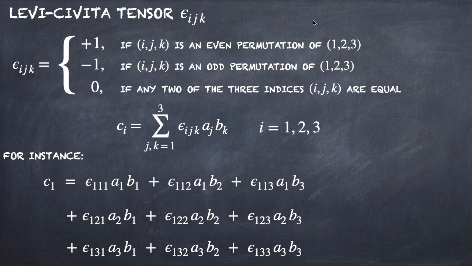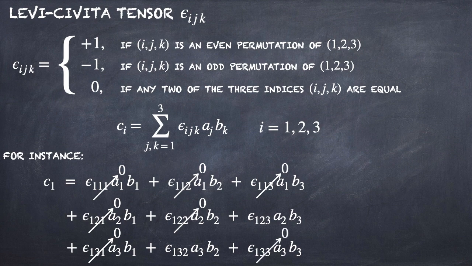So, following this definition here, this term is going to be 0 because actually here we have three indices being equal, so this epsilon is 0. Here two indices equal, then it is 0. The same for the next one. The same here, 1 2 1, 1 2 2, so this is 0. This is not going to be 0, but this is 0, 1 3 1.